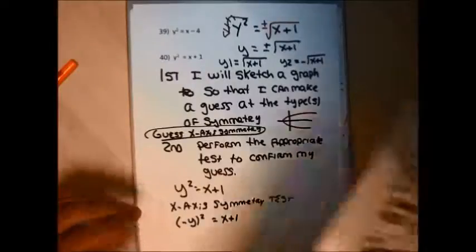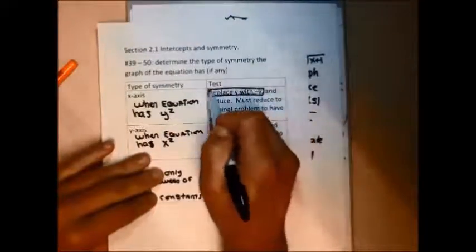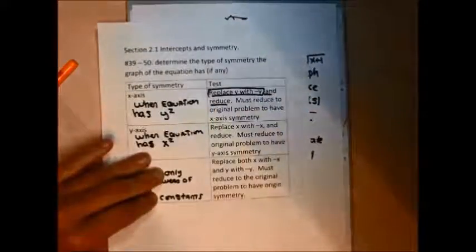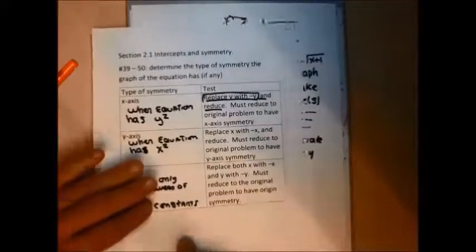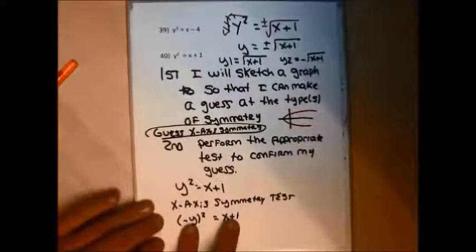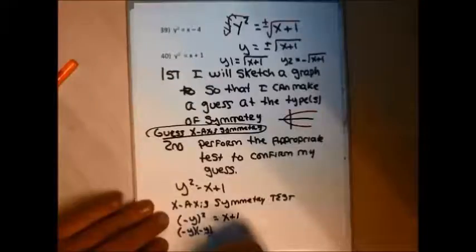So the first part of the x-axis symmetry test says replace the y with negative y. The second part, all in the same sentence, says and reduce. If it reduces to exactly the original problem, it has x-axis symmetry. So this is the test: replace the y with negative y, and I'm going to reduce. Negative y squared can be written as negative y times negative y.